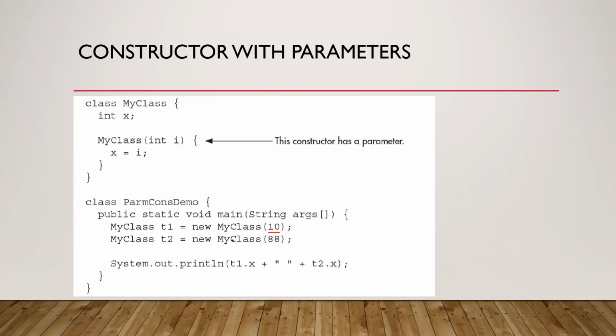When I write MyClass 10, this is actually getting executed. Whenever I use the new keyword, this is what gets executed. Now T1 will have a value of 10 and T2 will have a value of 88.